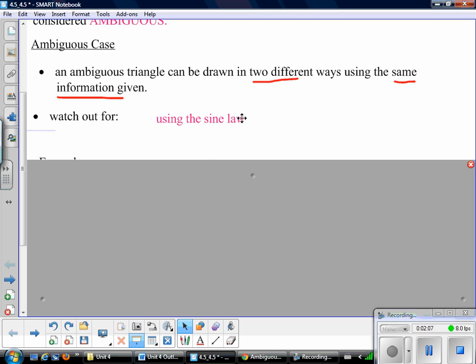So if it's positive in the first and second quadrants, and I'm just using the sine law, how do I know whether it's an acute angle or an obtuse angle? So if we're using the sine law and only one angle is given, and that angle they gave us is acute, because obviously using the sine law I have to have at least one angle given, then it could be that we have an ambiguous case.